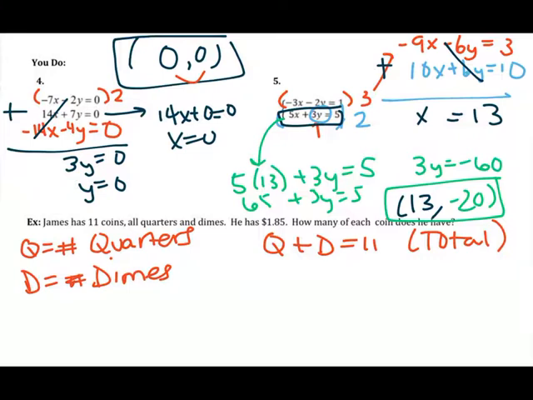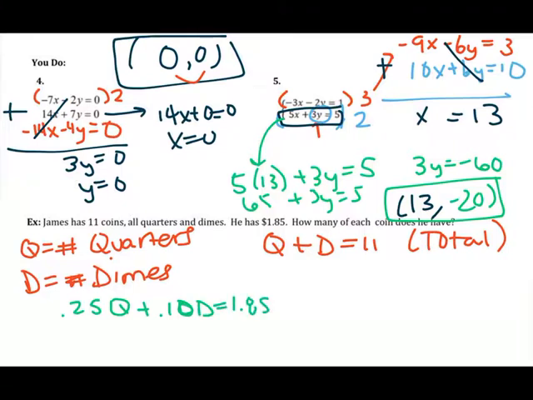Now I'm going to look at the second sentence. He has $1.85 total. So what do we know about quarters and dimes? We know that quarters are 25 cents. So money-wise, if I had 4 quarters and I multiplied that by 25, I'd have $1. So I could multiply 0.25 times Q to figure out how much money I have from quarters. Similarly, dimes are 10 cents. And this is going to equal $1.85.